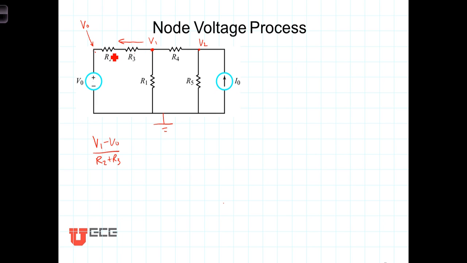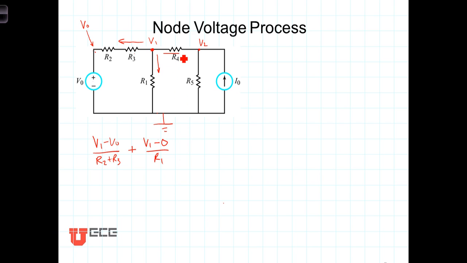going to the left. Now let's do similarly for the other 2 branches and sum those 3 currents together and acknowledge that the sum of the 3 currents leaving that node must equal 0, just Kirchhoff's current law. So the current now leaving that node coming down through R1 would be V1, the voltage at the top, minus the voltage at this side, which in this case is just 0, divided by R1.